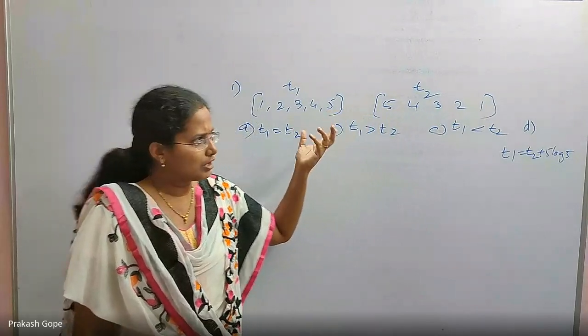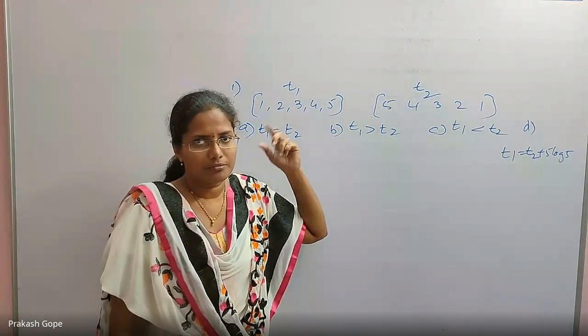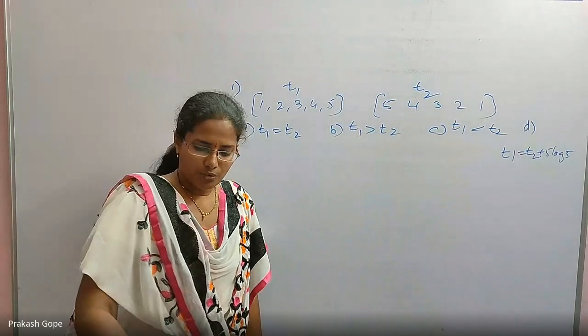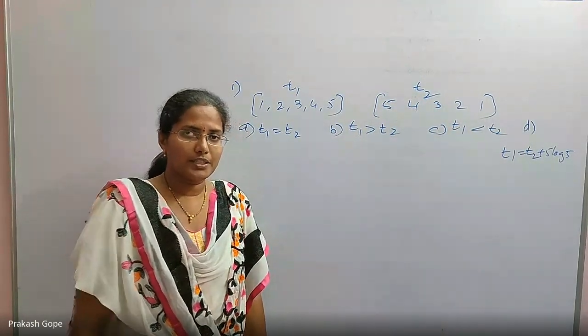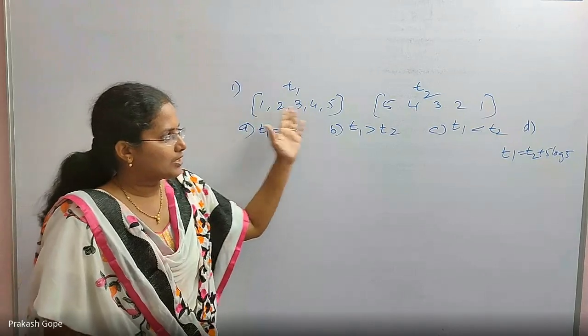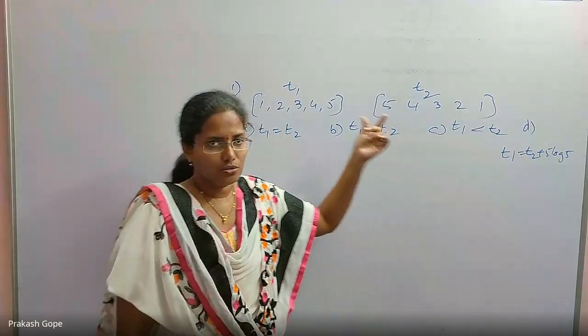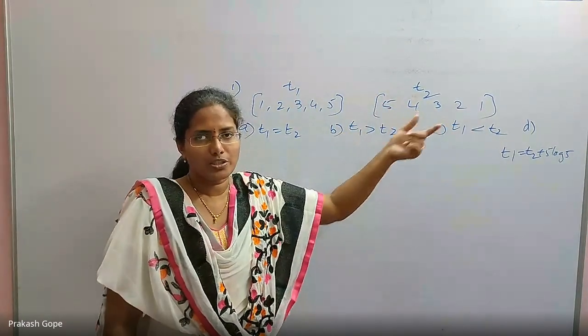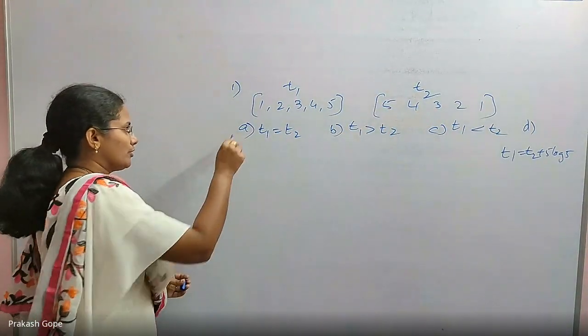General logic is first element or last element. So it will go and occupy one of the extreme places. That's why quicksort will lead to worst case even if the array is in ascending order or in descending order. So the time taken by this is also worst, that is also worst, both are same. So T1 is equal to T2.